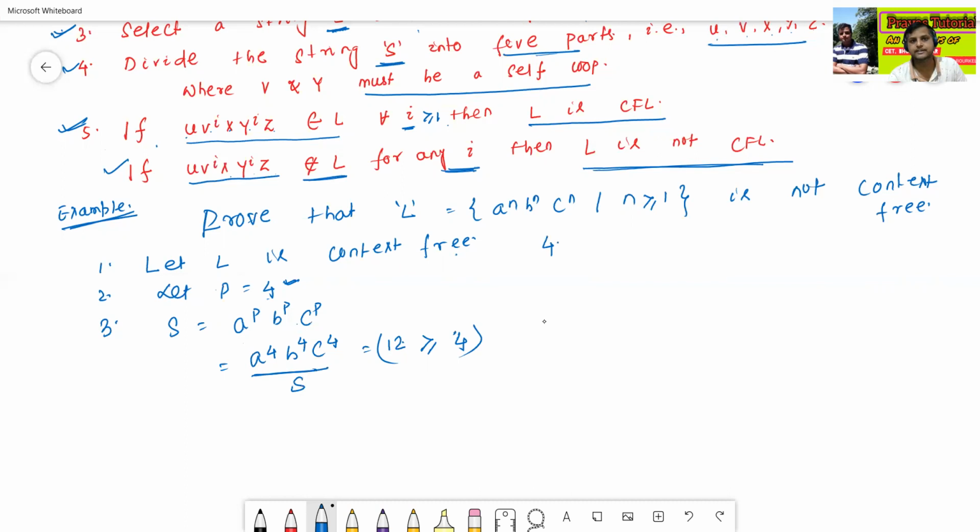What is the fourth step? The fourth step is to divide the string S into 5 parts: u, v, w, x, y.